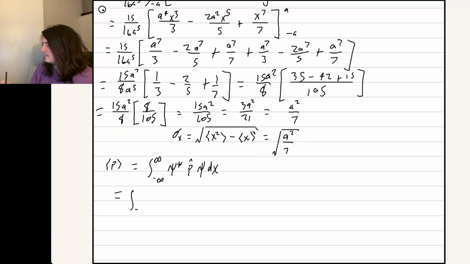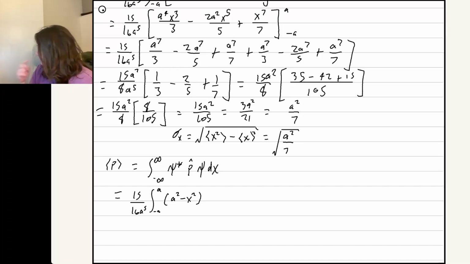For us, it's going to be minus a to a, remembering to write down the normalization constant, that's a squared minus x squared, and then the momentum operator is just i h bar del x of your wave function.